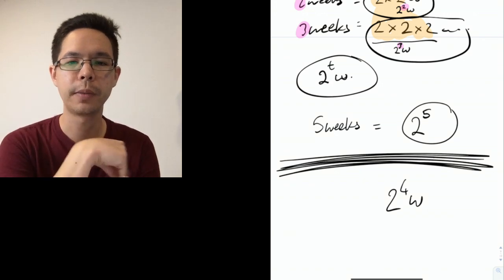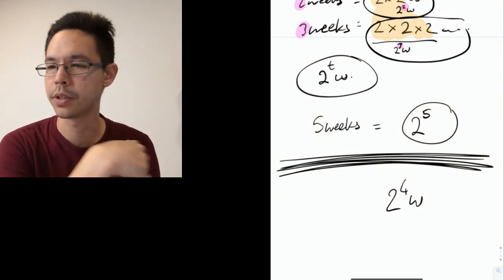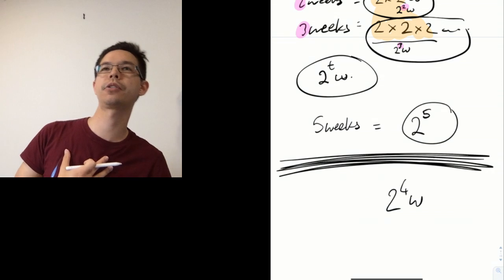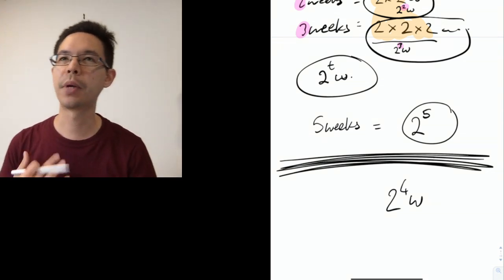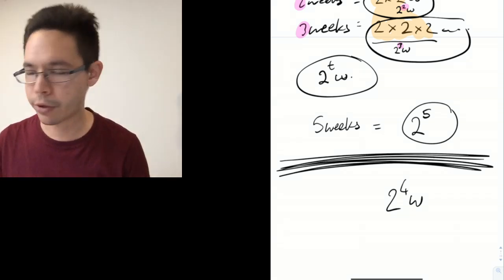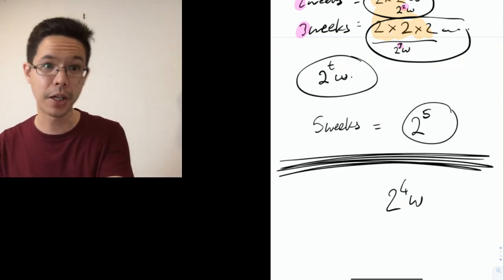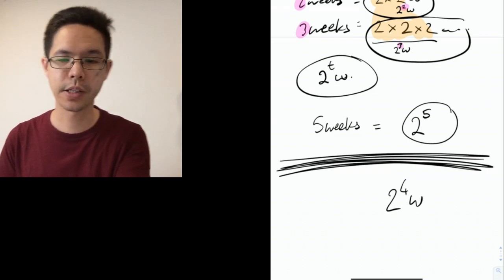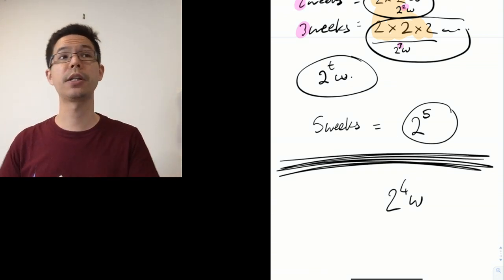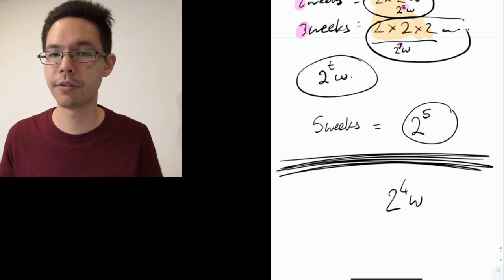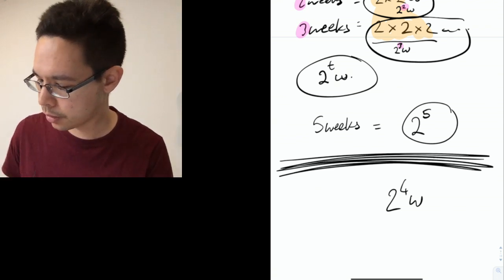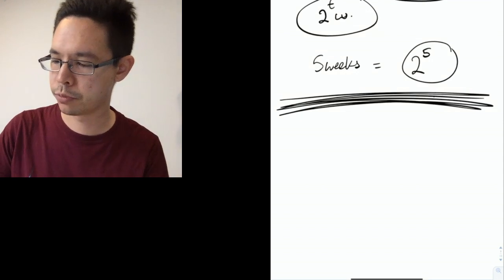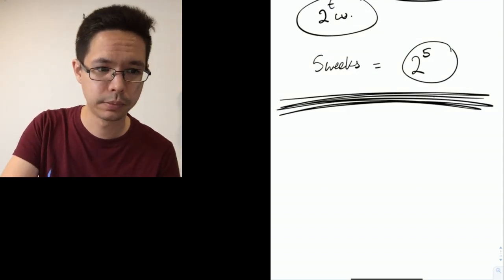That little bit in my mathematical soul, it didn't feel right to have 2 to the power of 4w. So I went back, and I found out it's a different answer. Then it led me to realize I had interpreted the question poorly, so I had to go back and fix it. Okay, so I hope that wasn't a complete waste of everyone's time.